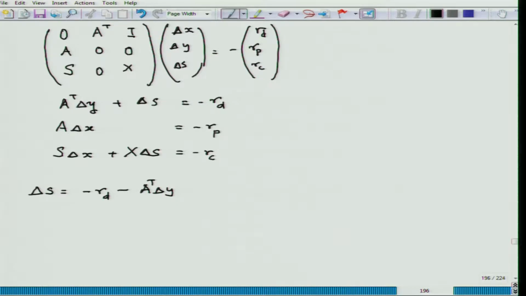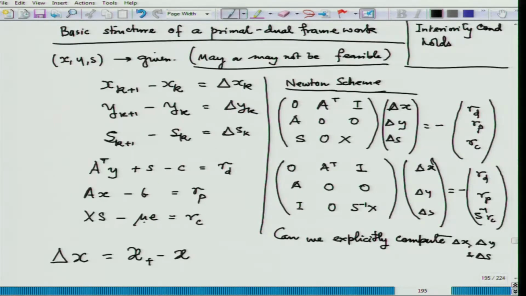Now, from the last one I will get delta x equals S inverse of minus RC minus X delta s. What was RC? Just reminding you, RC was X S e minus mu e.